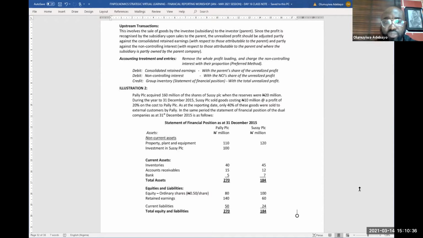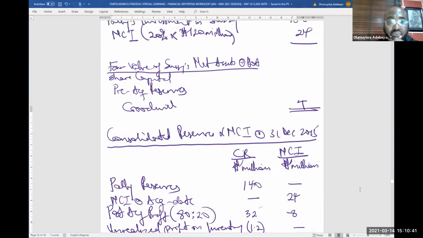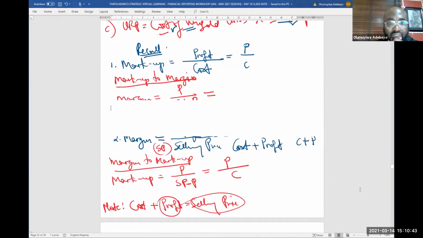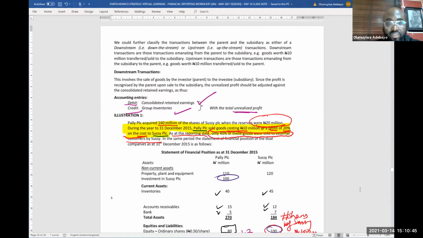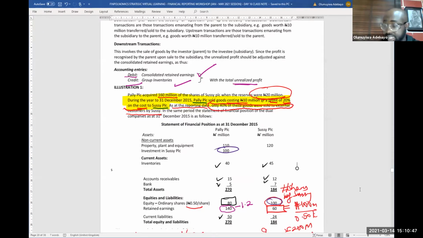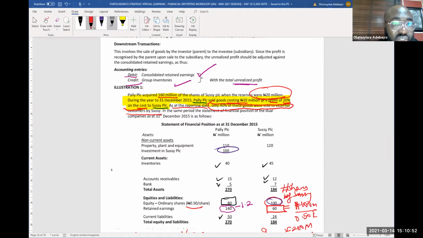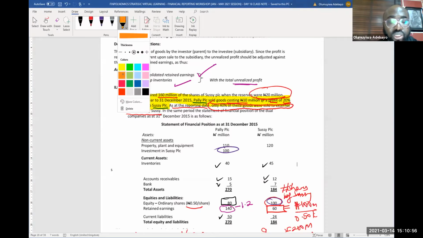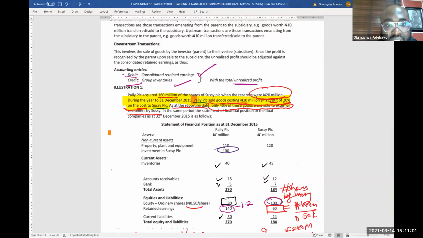You find that the question is not different from what we did yesterday. The only difference, which I'll emphasize, so let me change the color to orange, is that here they said Pali sold to Susie.